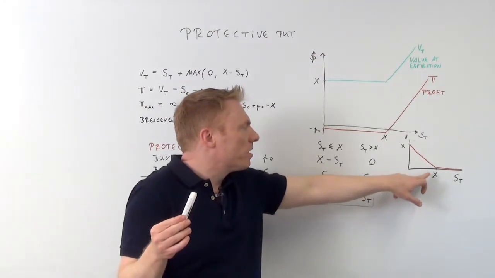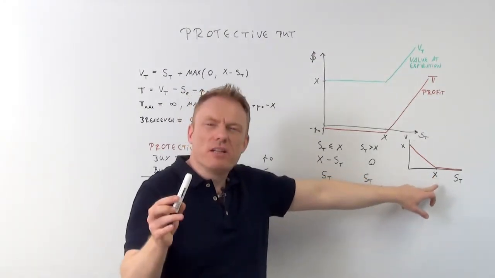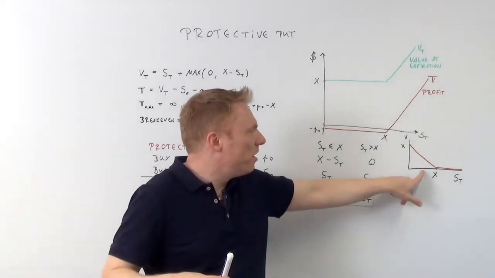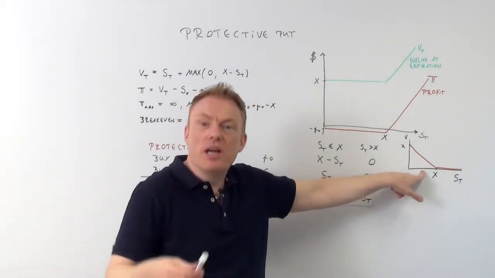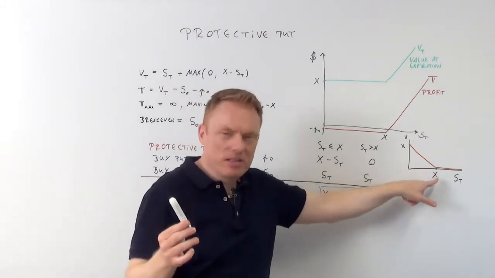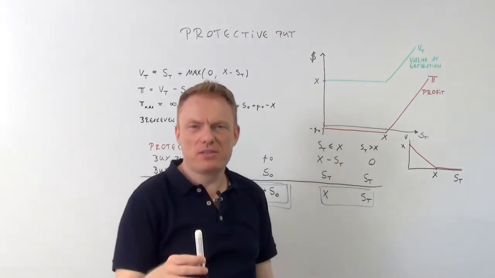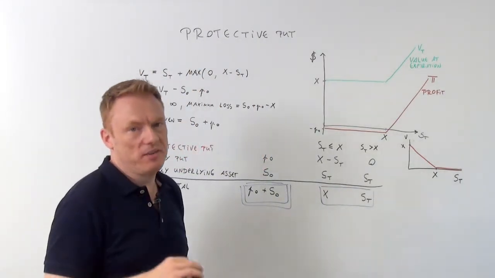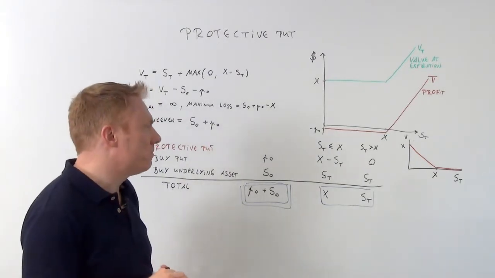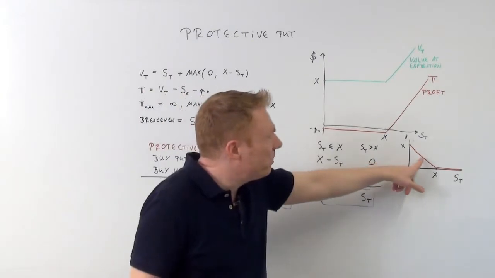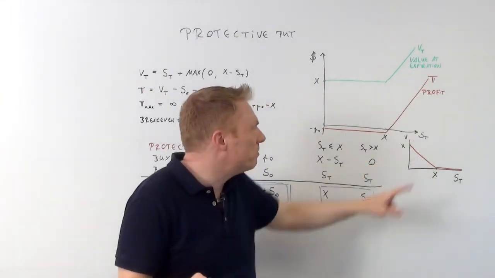We can buy the underlying for this price, and then right afterwards we can sell it at the price X, at the exercise price, leading to a profit, leading to this value which is strictly superior to 0.